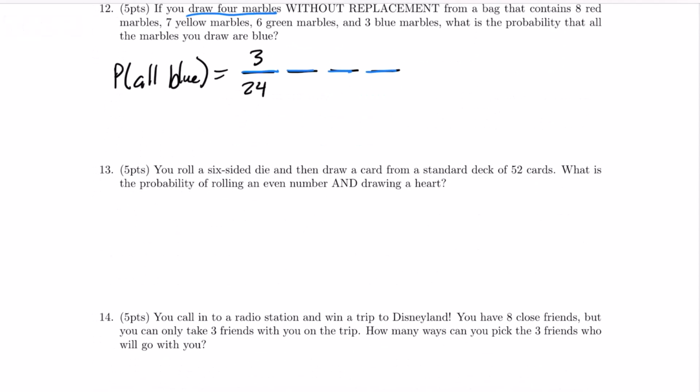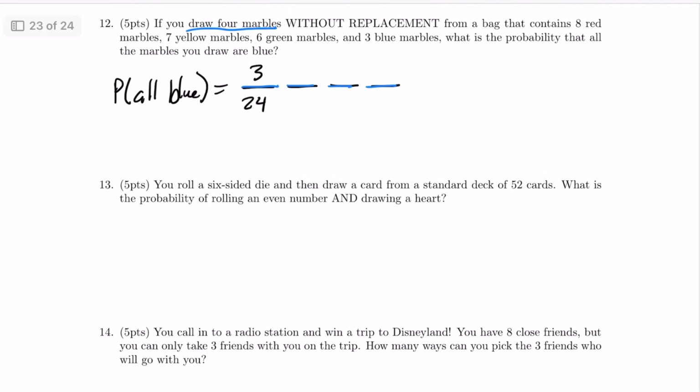And in this case, since we're not replacing marbles, that means that the next probability of selecting a blue marble is going to be 2 out of 23 because we're not replacing the marbles back into the bag. And then the probability of the next marble being blue is going to be 1 out of 22. And the probability of the last marble being blue will be 0 out of 21 because we don't have any more marbles to select.